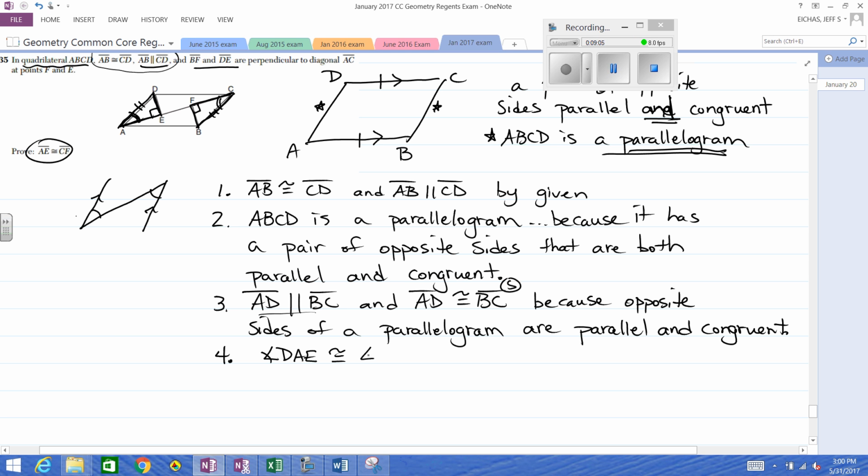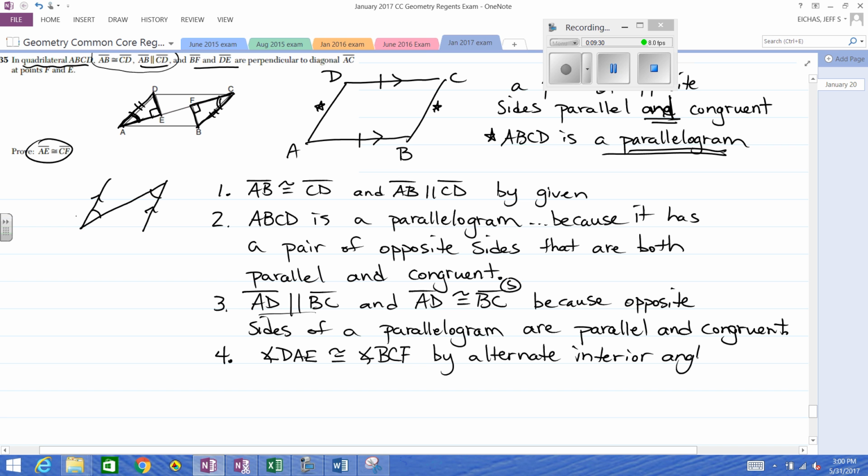Okay, that's congruent to, let's coordinate. B should coordinate with D. Then you go CF. So it's angle DAE congruent to angle BCF. All right, and that's by alternate interior angles theorem.